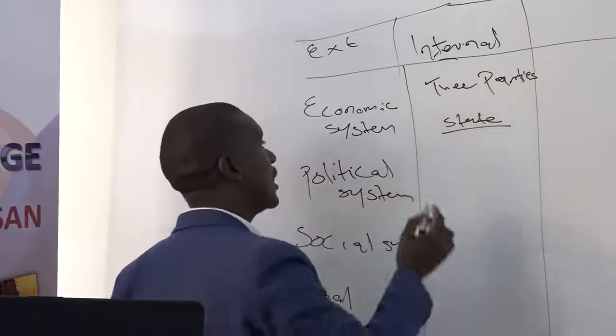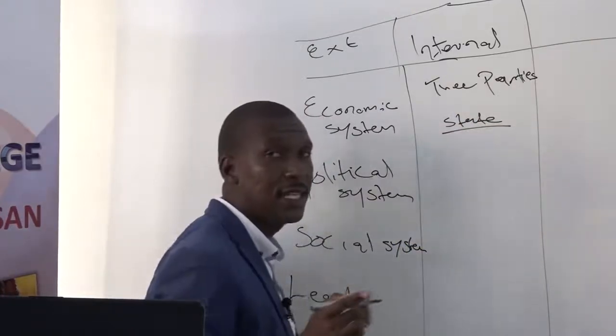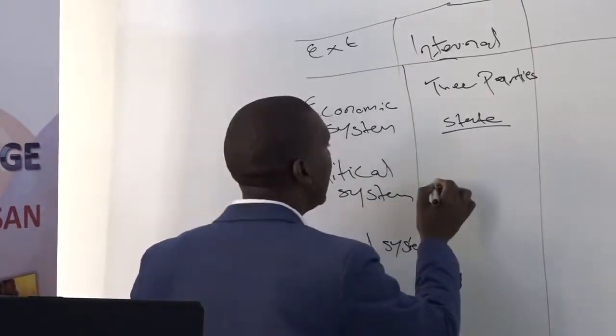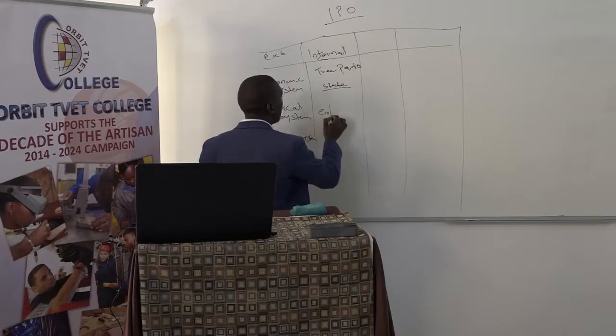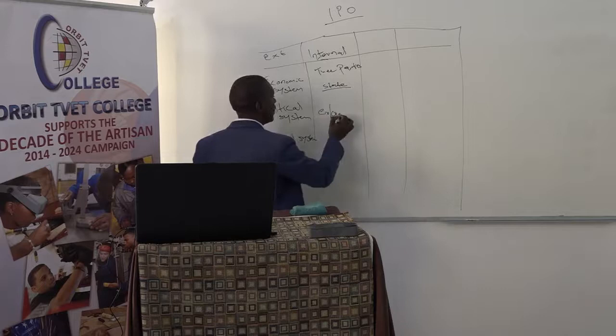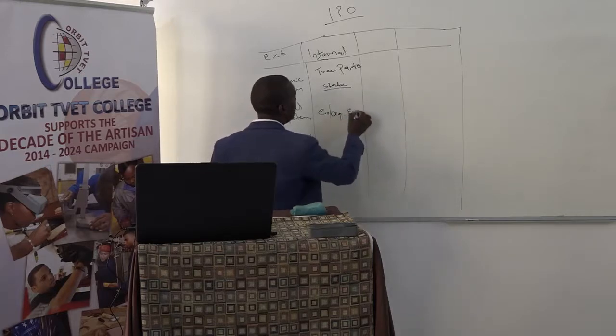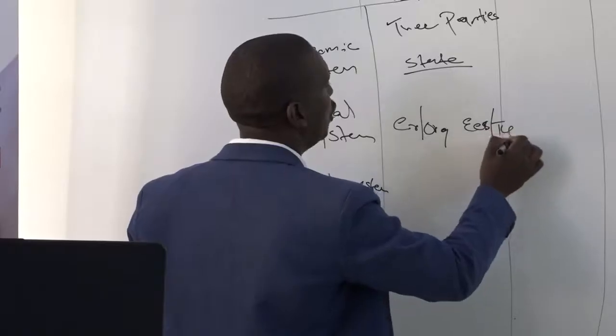Remember that the state is the secondary party in the relationship. The primary parties will be the employer, who cannot be separated from the employer's organization, and the third one, the employees themselves, who cannot be separated from the trade union.